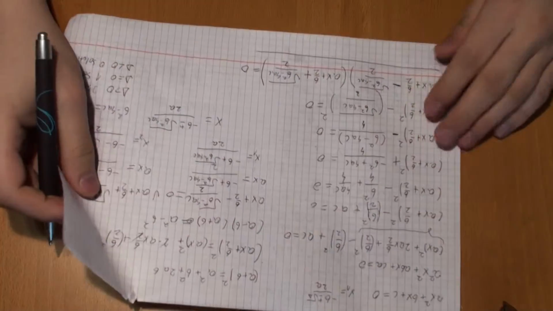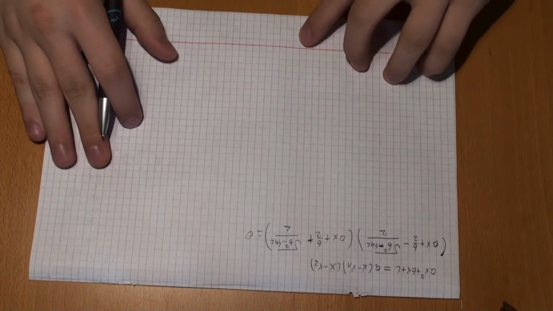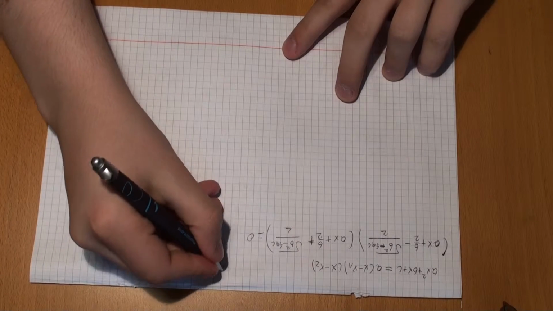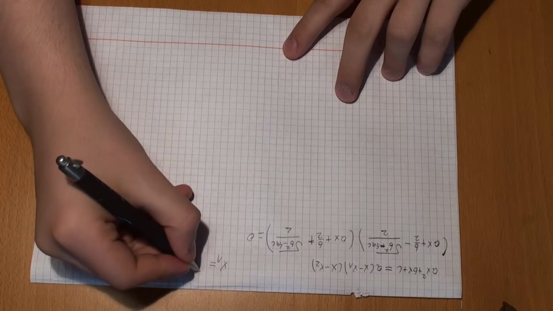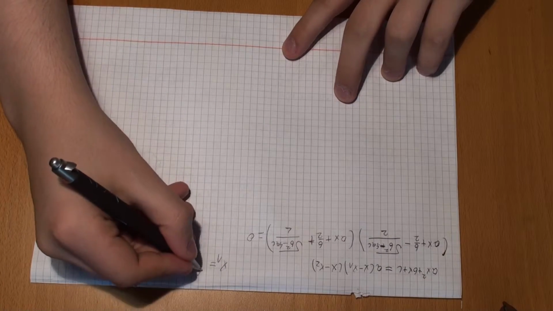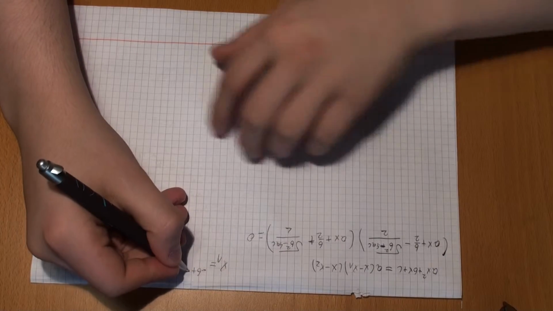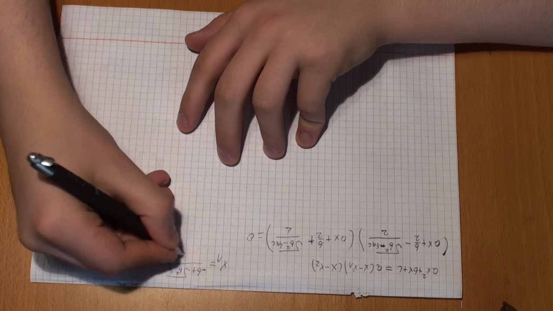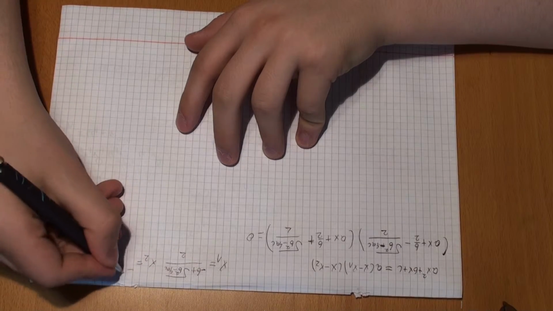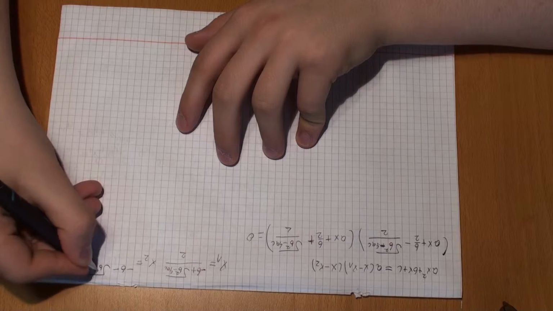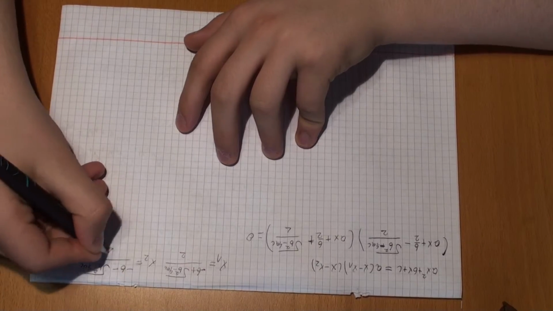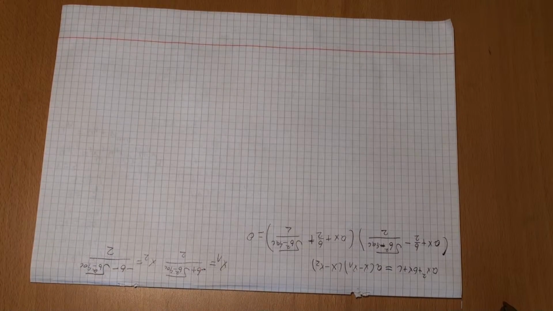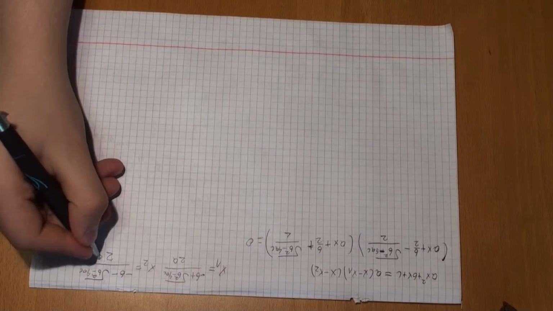Let me check if I did it correctly. Yep, that's correct. So we know that x1 is equal to minus b plus the square root of b squared minus 4ac over 2a, and x2 equals minus b minus the square root of b squared minus 4ac over 2a.